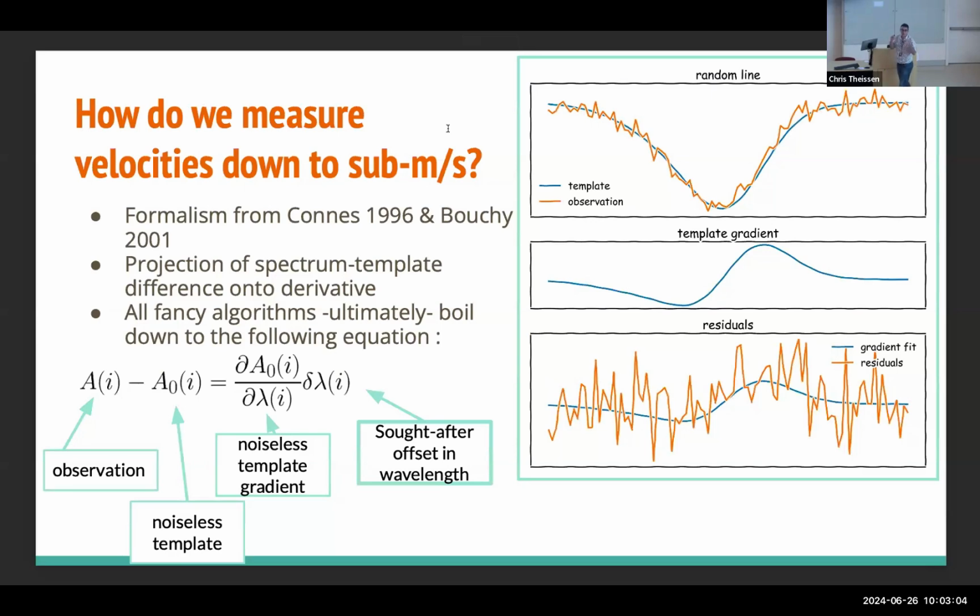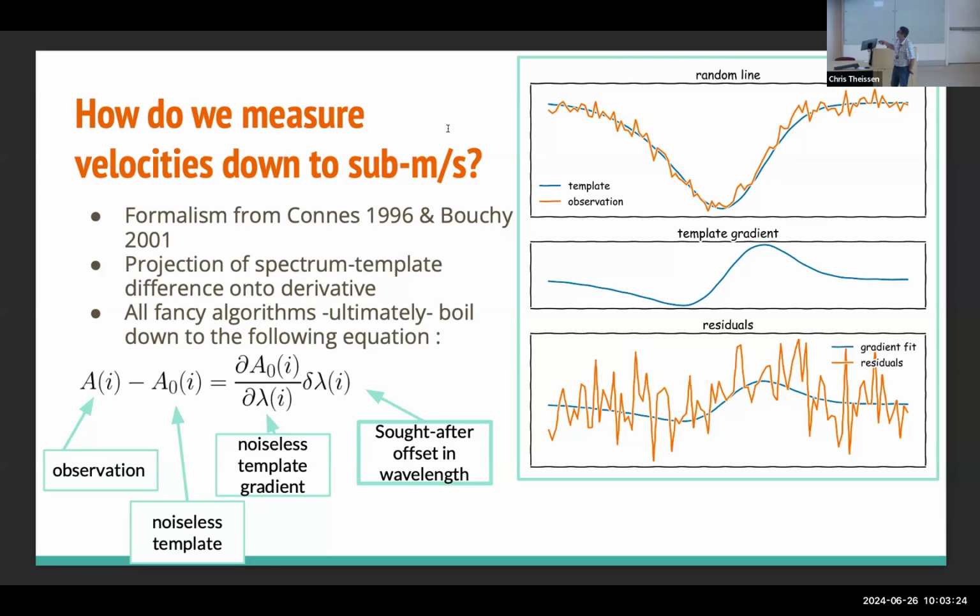So when you go back to how you measure velocities, just to give context on the flow of ideas that got us there, basically all the PRV methods boil down to one thing in the end. You have a noiseless, or you presume noiseless, template.